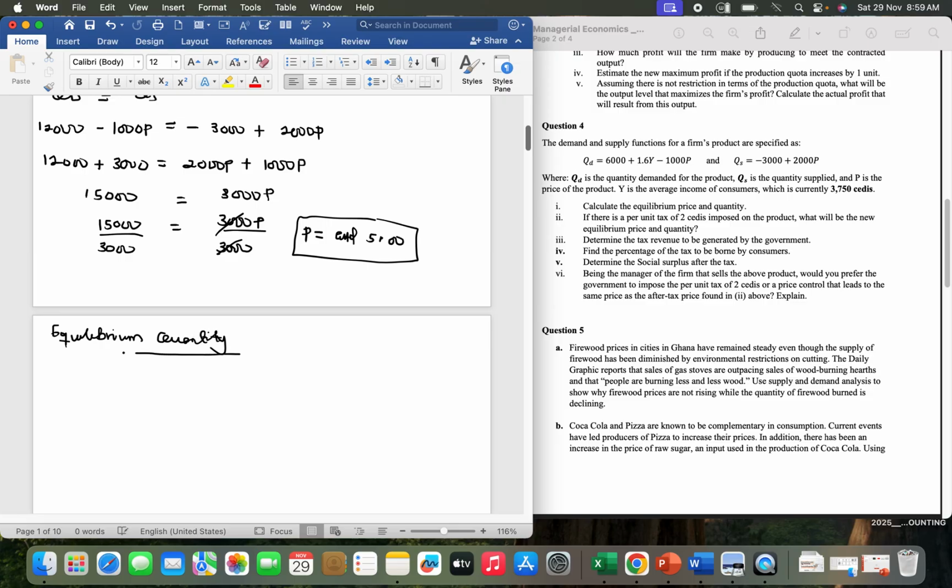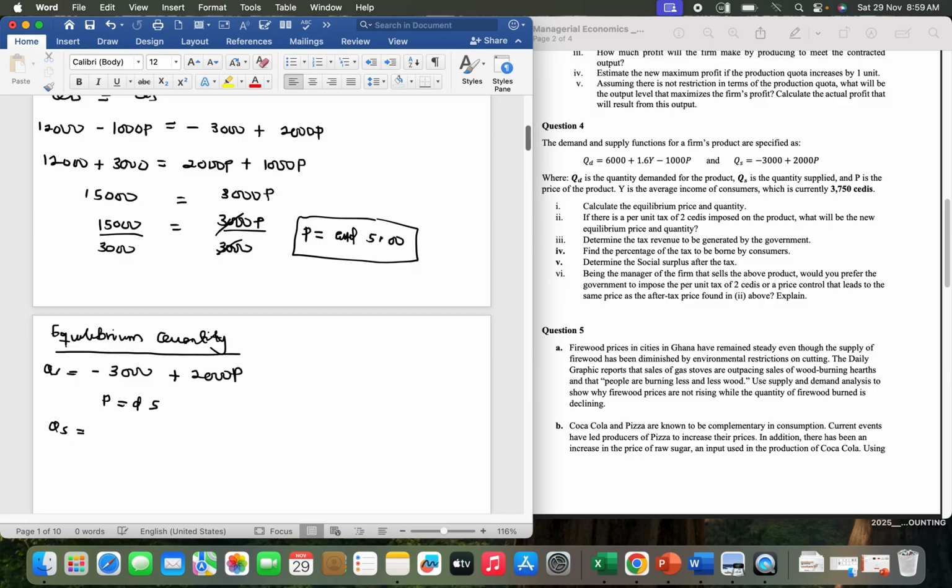For the equilibrium quantity, you can use any of the functions. So I'm picking the supply function. This is minus 3,000 plus 2,000 P, where P was 5.